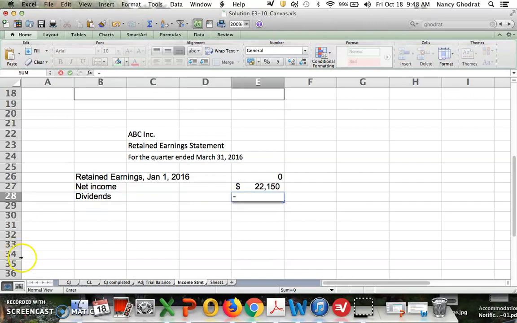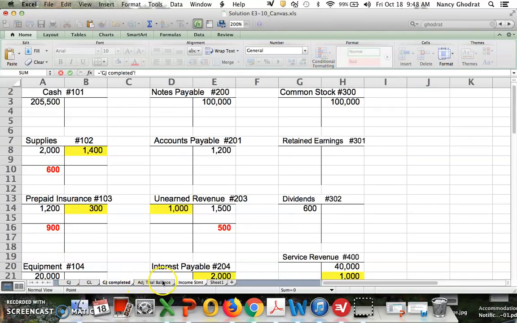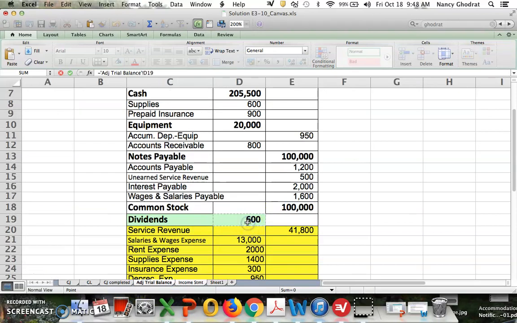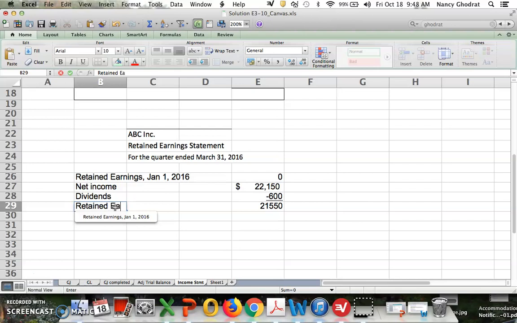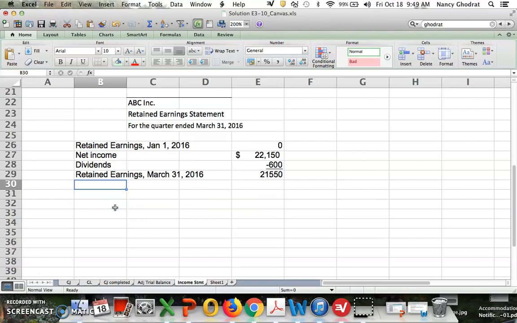And now we're going to reduce it by dividends that we brought from the adjusted trial balance, the $600, and therefore the ending retained earnings at the end of March 31st is $21,550.